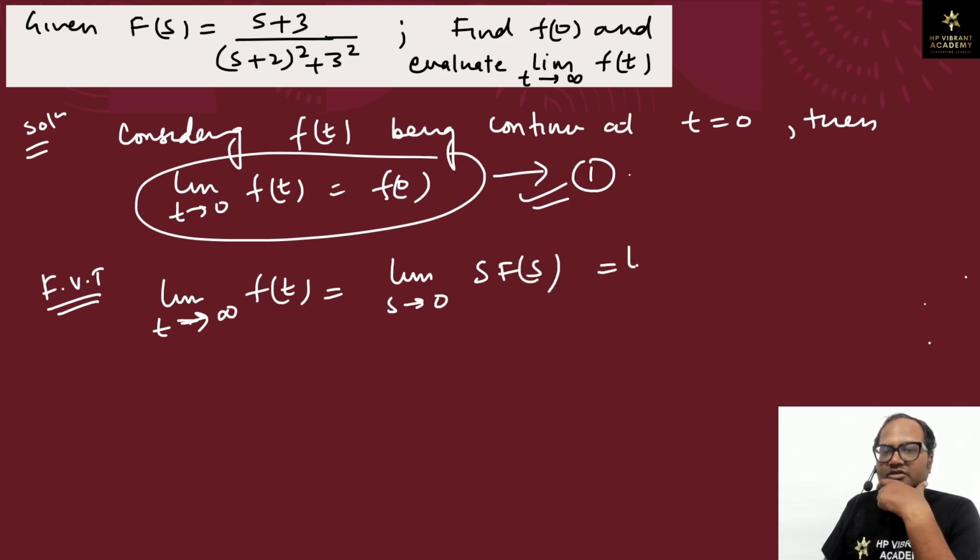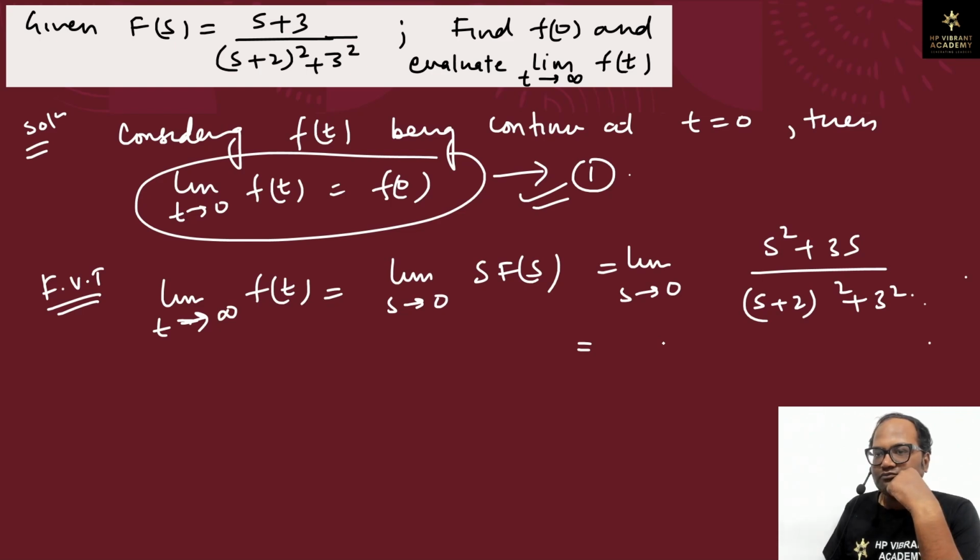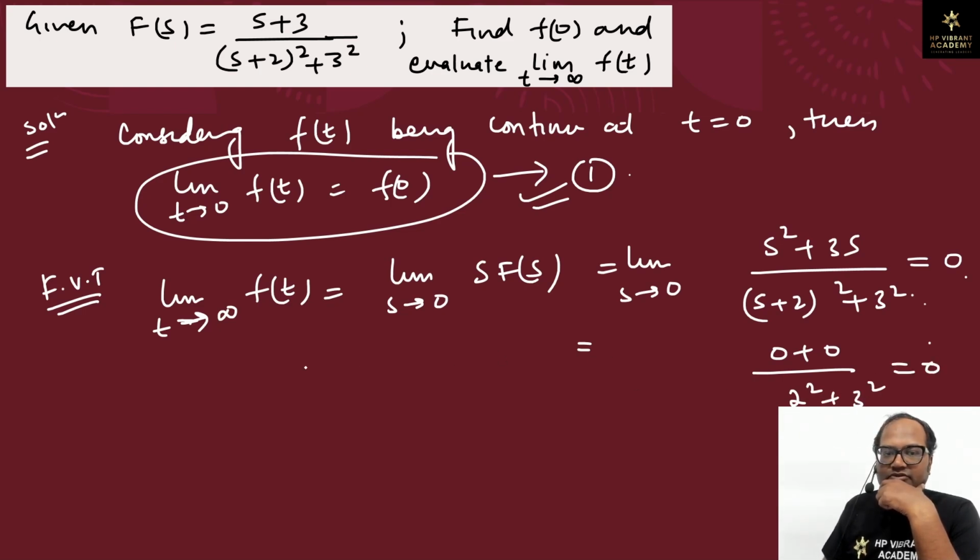So this is s times of this one, which is s square plus 3s upon (s plus 2) whole square plus 3 square. So let us put the value of s equal to 0. This is 0 plus 0 upon 2 square plus 3 square. This is 0. So limit t tends to infinity f of t is equal to 0.